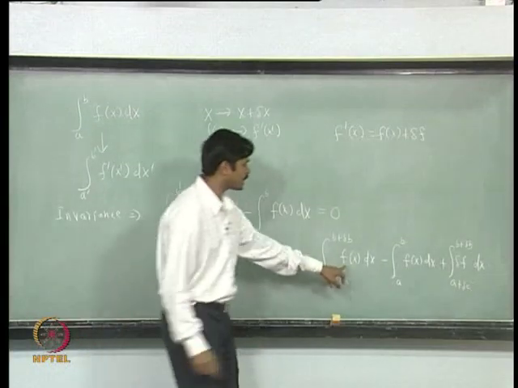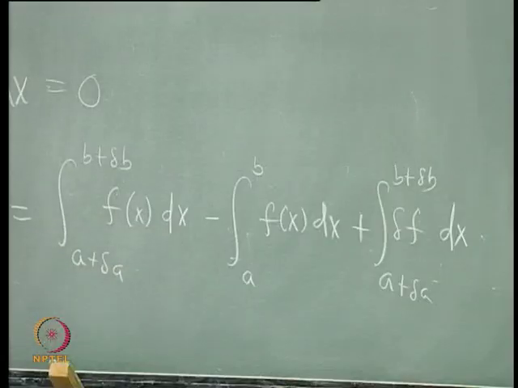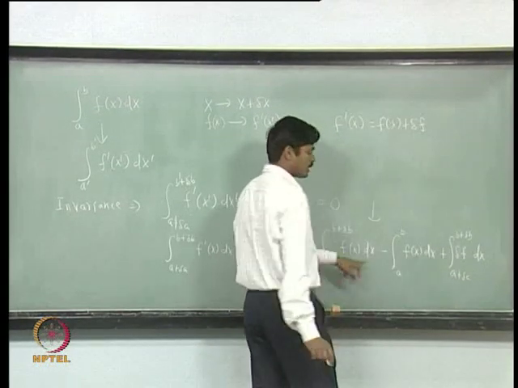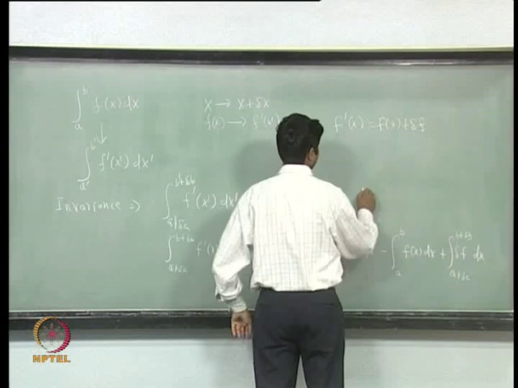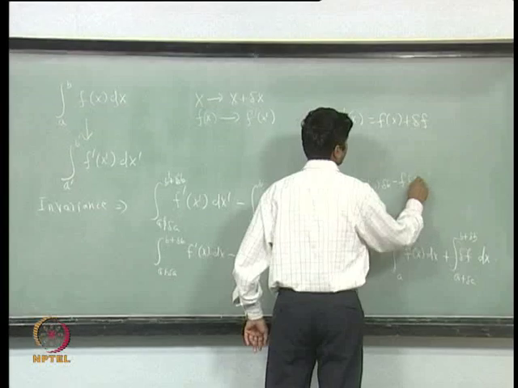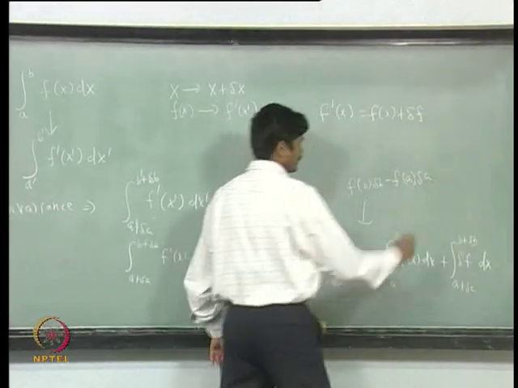Now, what is this quantity, this difference here? You can see that this difference is nothing but f of b delta b minus f of a delta a.